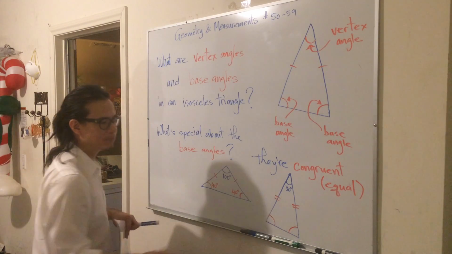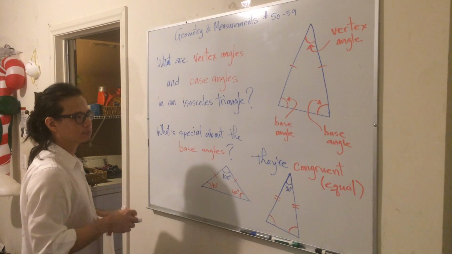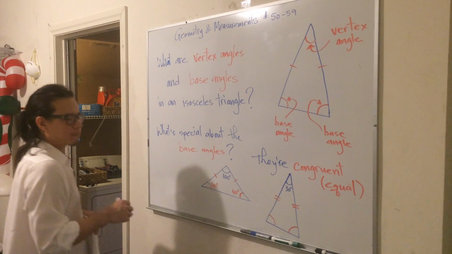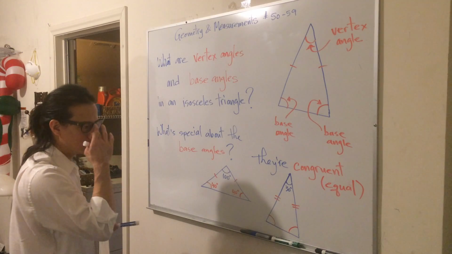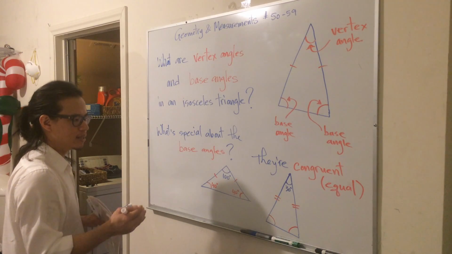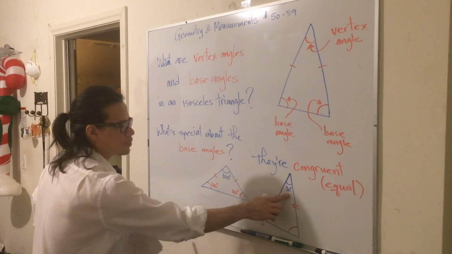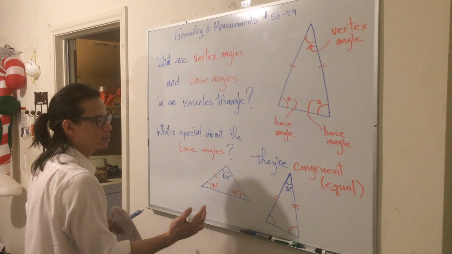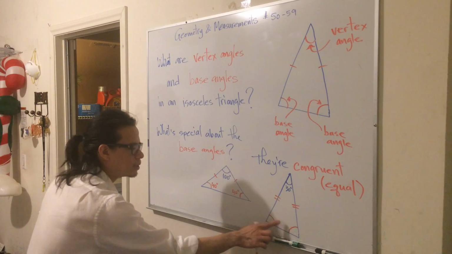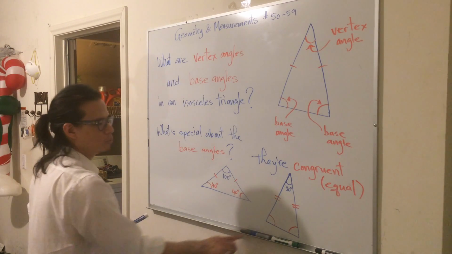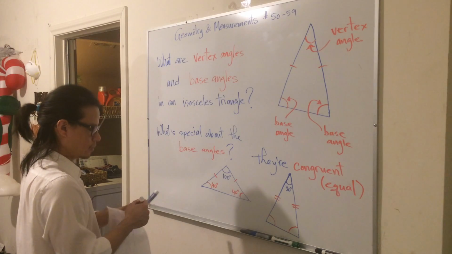Please take a moment and see if you can figure this out. Remember that the sum of the three measures in a triangle needs to add up to be 180. So if you take away 30 from 180, you get 150. What number plus itself will give you 150?